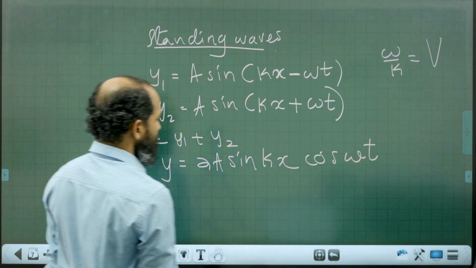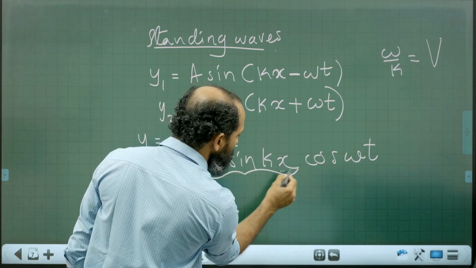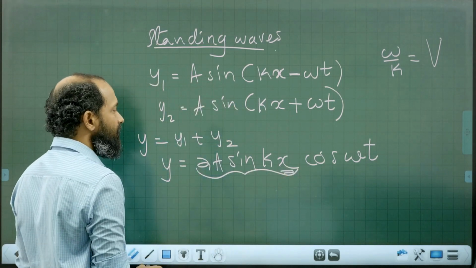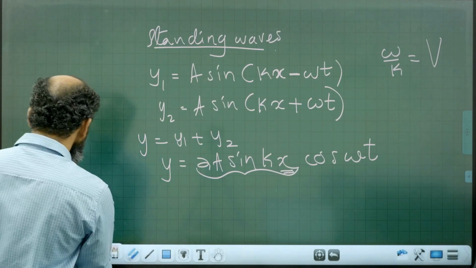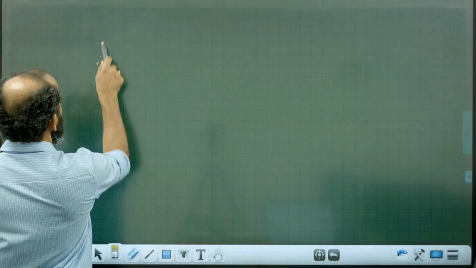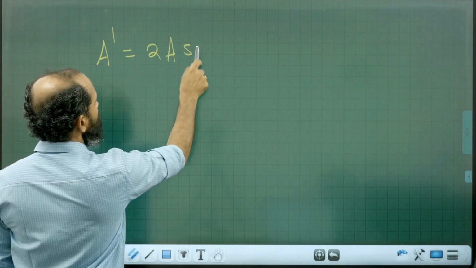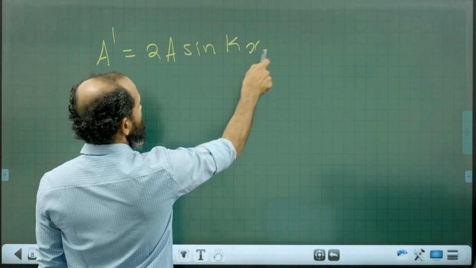Here it can be seen that the amplitude term is position dependent, not a constant. So the amplitude of the standing wave, A dash, is equal to 2a sine kx.